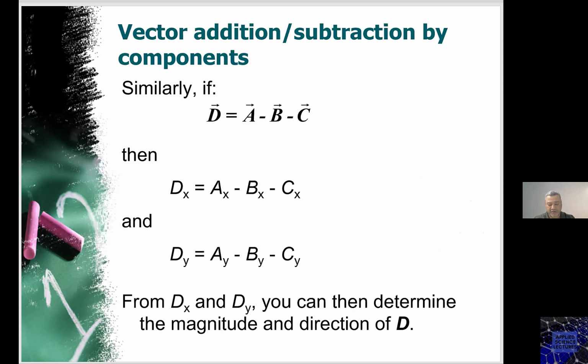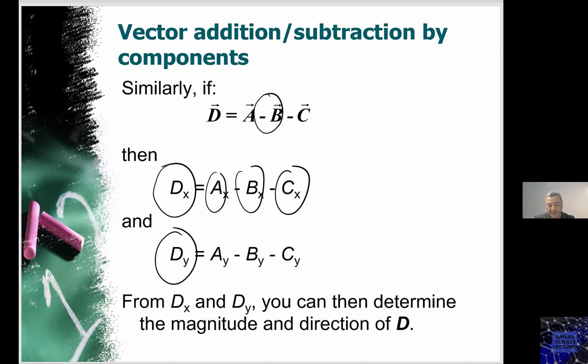Same thing if I have subtraction as well, so a mix of vectors, adding and subtracting. At the end, you find the projections, then you add and subtract those projections, and you get the total value on the x-axis. Same thing for the y, based on the sign.